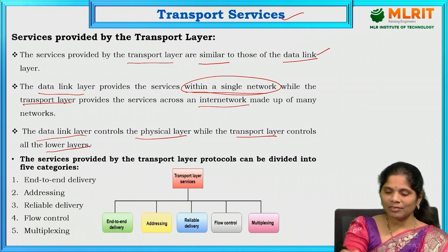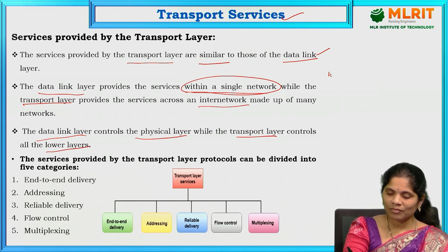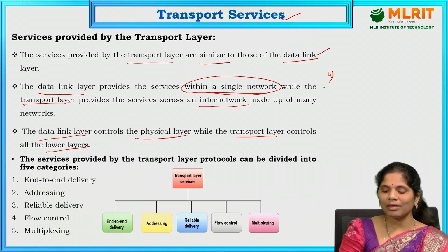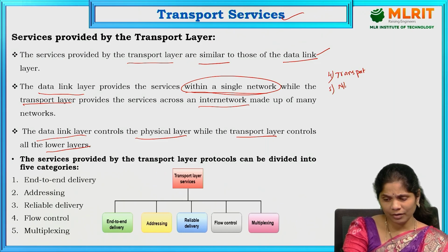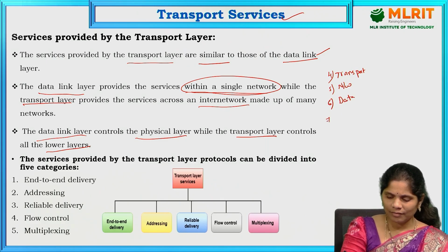As I already said, the OSI reference model has a total of 7 layers. The fourth layer is the transport layer, the fifth layer is the network layer, the sixth layer is the data link layer, and the seventh is the physical layer. These are the layers of the OSI reference model.